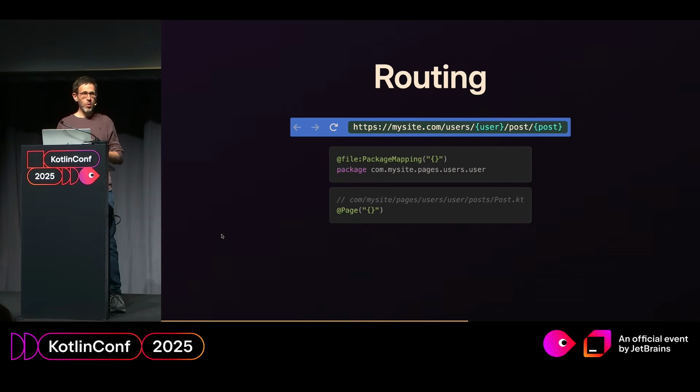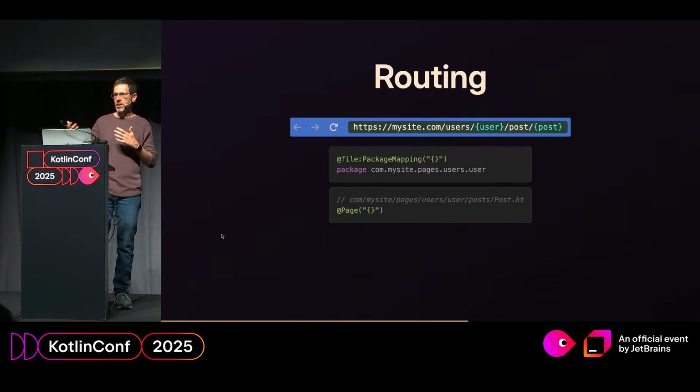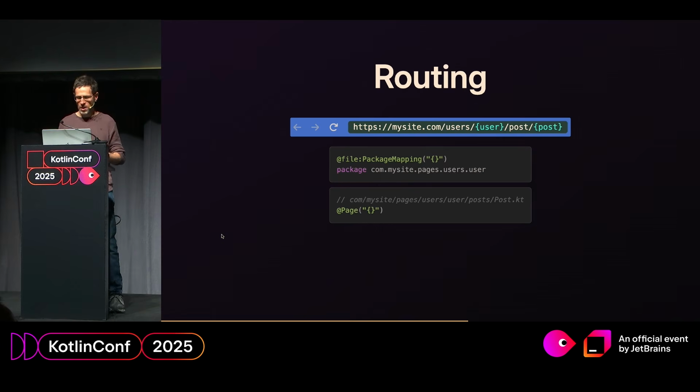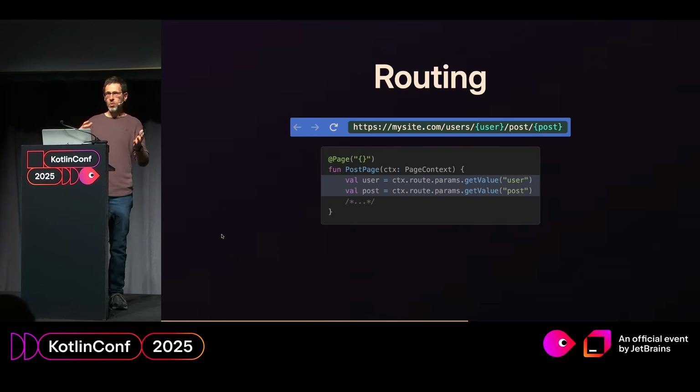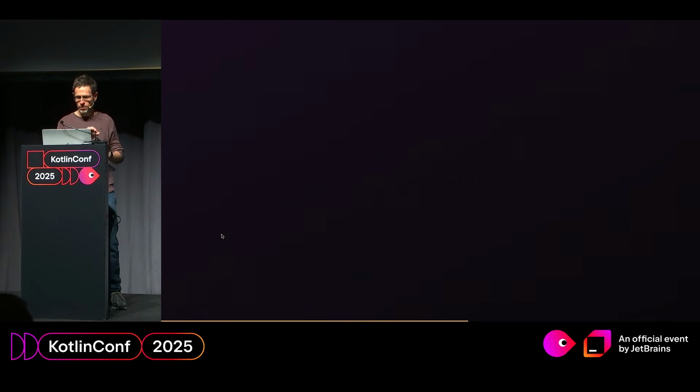And if you are OK with the default names that Kobweb was going to generate for that package or for that slug, you can leave those blank, and Kobweb will do that for you. Once you've done this, then you can take that page context parameter that we talked about, and in this case, you could use context.route.params to pull that information out.